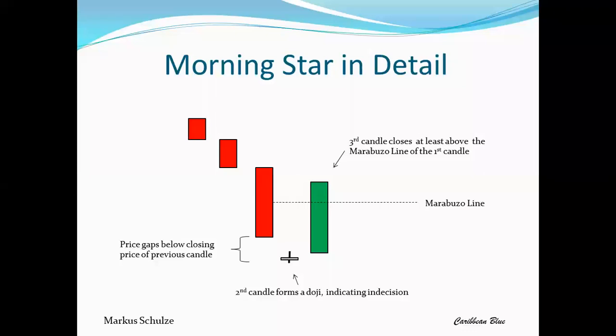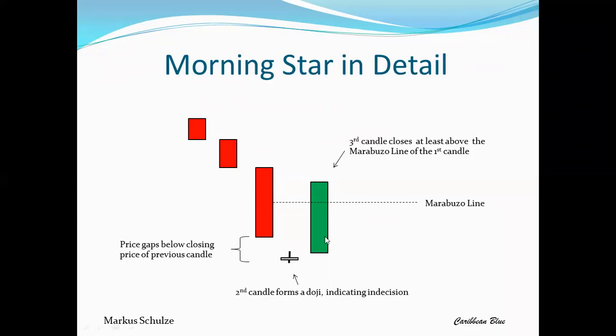So we're coming from a strong bearish impulse, gapping even further down, indicating very strong selling pressure, and then the very next candle closes as a doji. So here we are already looking at, okay, the buyers have finally entered the market and have pushed back the momentum of the sellers.